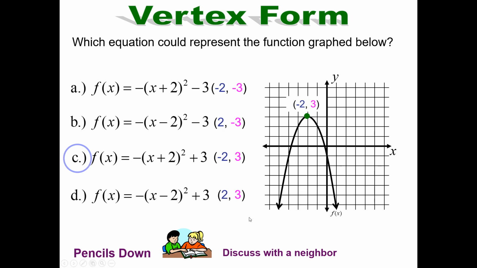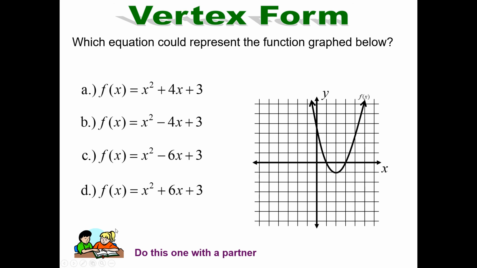Now what about this one? This one's a little bit harder because now these are in standard form. We still got to be able to do it. So there's a little trick I can show you. This only works when your A is positive, but this B value tells you the direction of your shift.